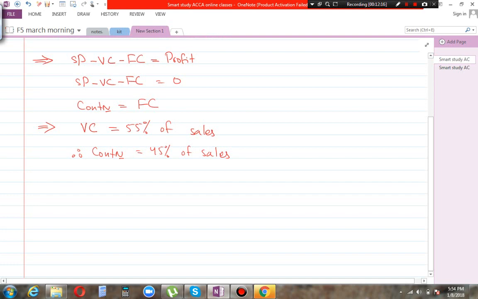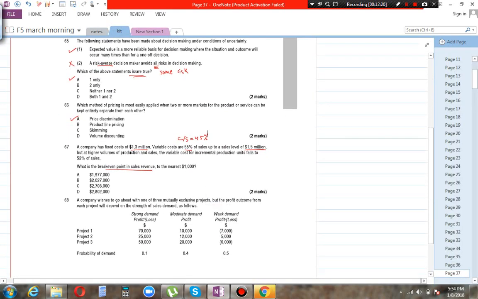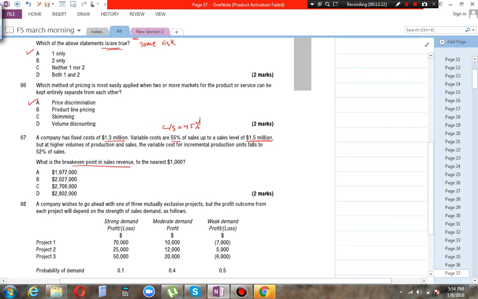Now, the question says that this variable cost is for the sales level of 1.5 million.